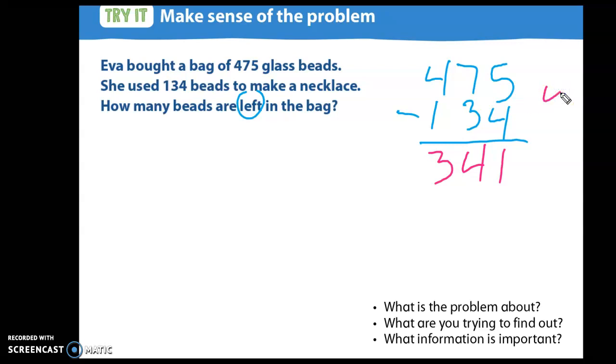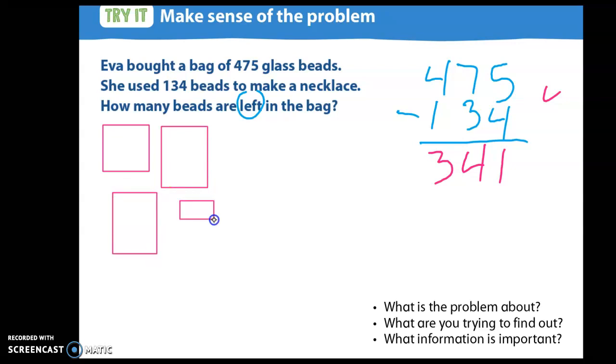So this is one way to do it. What was another way that we learned? I need to use what kind of blocks? Base 10 blocks. So for 475, how many hundreds do I have? 4. 1, 2, 3, 4. And how many 10s? 7.